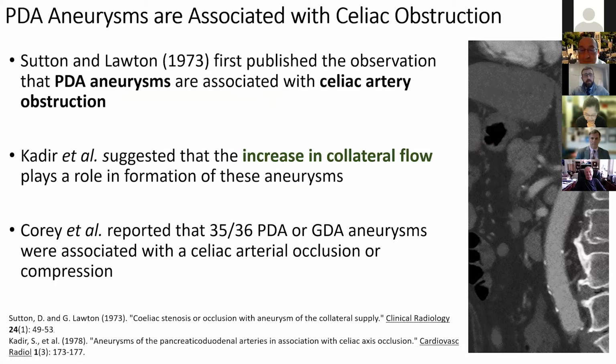For instance, pancreaticoduodenal artery aneurysms have actually long been associated with collateral networks in the visceral arcades, namely celiac arterial obstructions are basically considered to be a pathophysiologic factor in the development of PDA aneurysms.